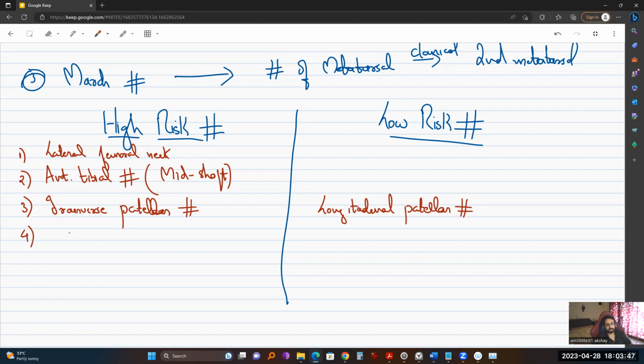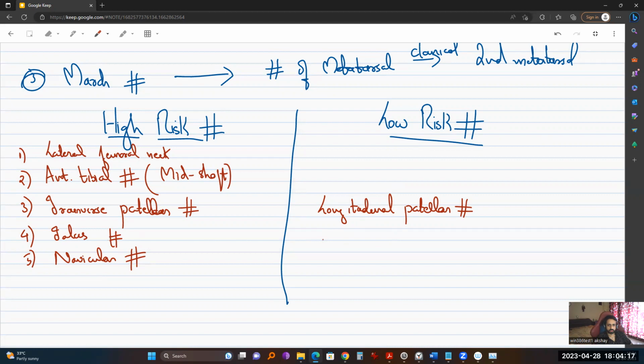Then coming lower down among the tarsal bones, the talus fracture is a high risk fracture. Then the navicular fracture, because it can undergo avascular necrosis very easily, is another high risk fracture.